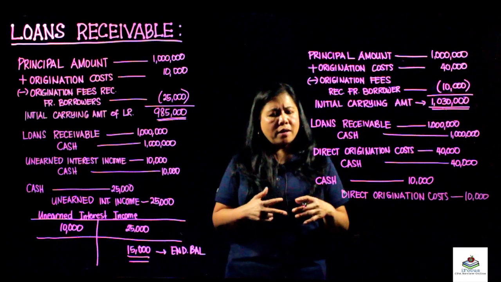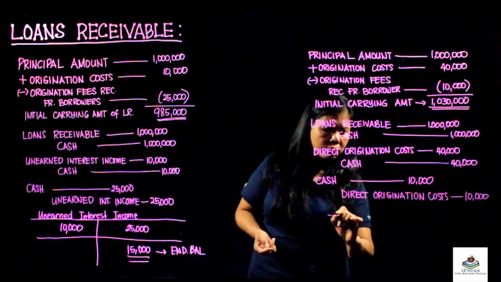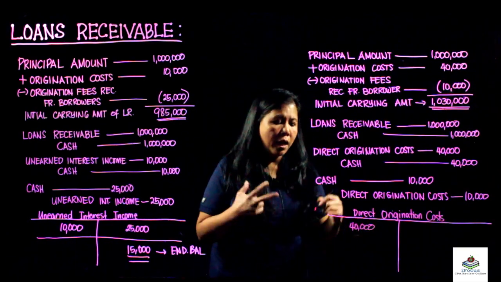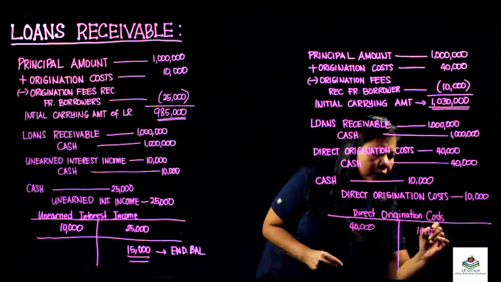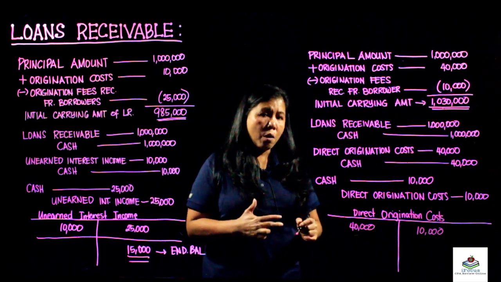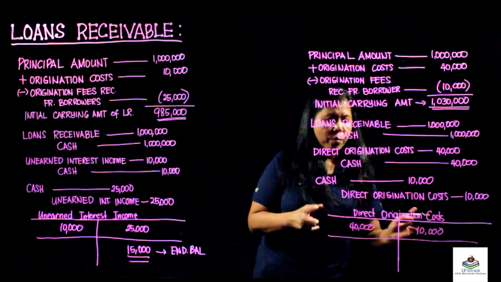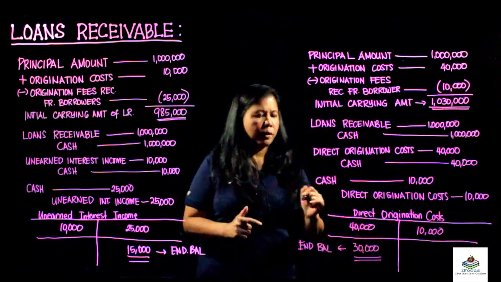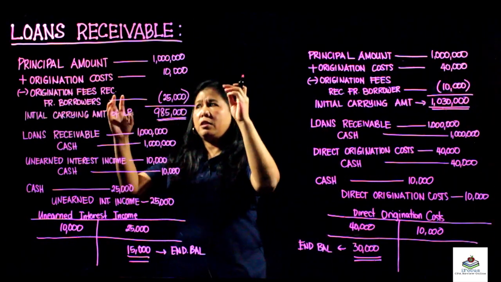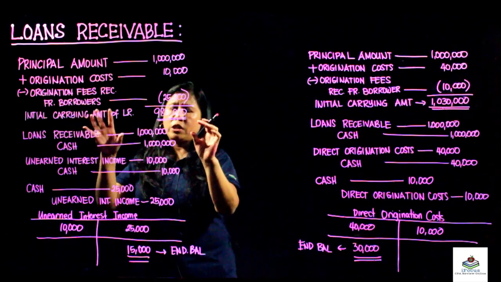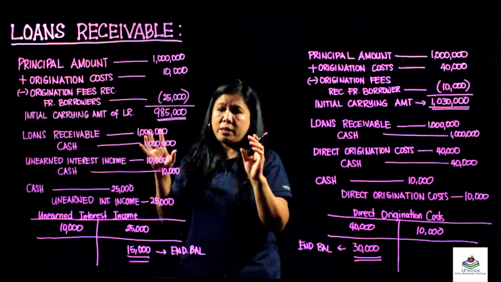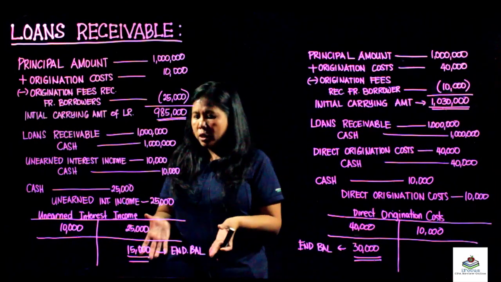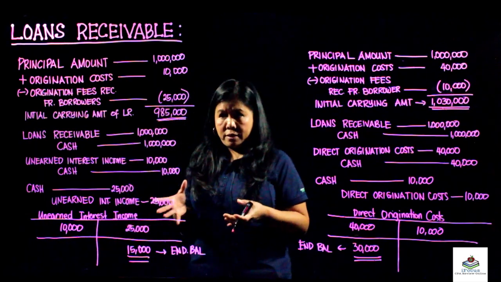When you see your T account for the direct origination costs, we have 40,000 on the debit side and 10,000 on the credit side. So our ending balance for this direct origination cost will be 30,000 on the debit side. If the principal amount is greater than the initial carrying amount of the loans receivable, as if we have earned 15,000, which is charged to the unearned interest income.